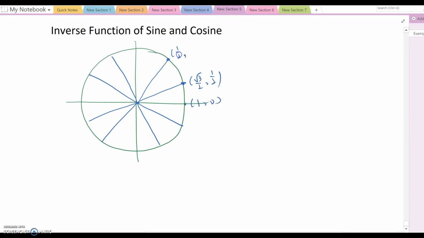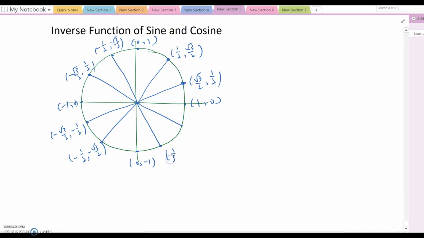This is 1 over 2, root 3 over 2, and 0, 1, negative 1 over 2, root 3 over 2, and negative root 3 over 2, 1 over 2, negative 1, 0, negative root 3 over 2, negative 1 over 2, negative 1 over 2, negative root 3 over 2, 0, negative 1, 1 over 2, negative root 3 over 2, and then root 3 over 2, negative 1 over 2, and go back to 1, 0 here.